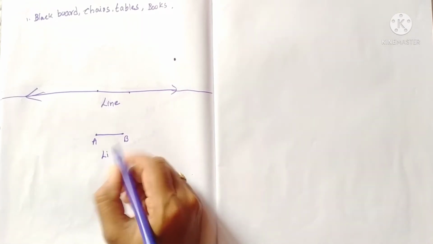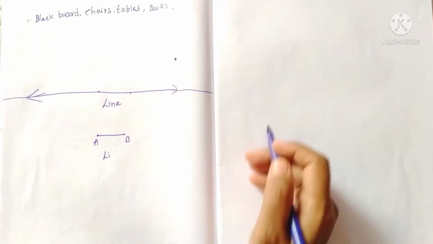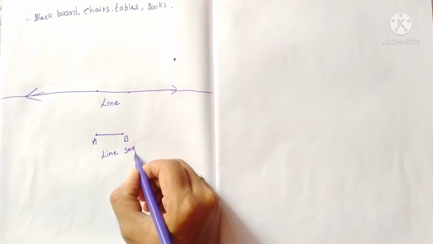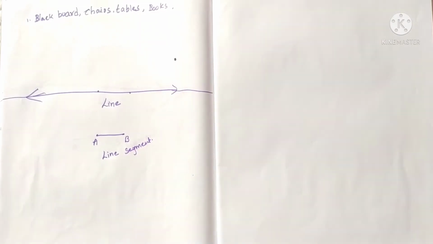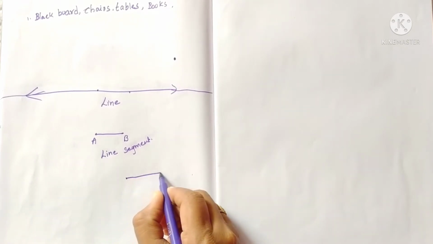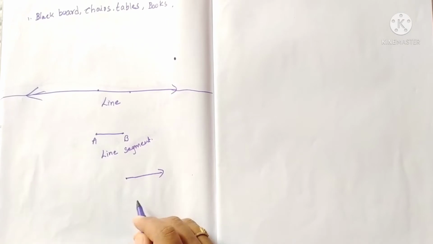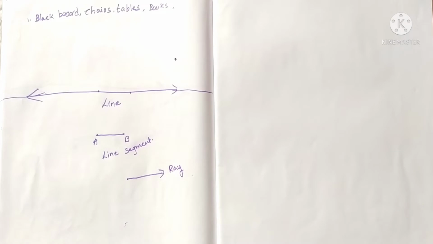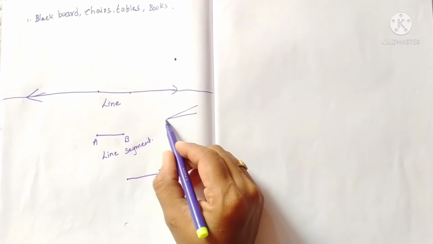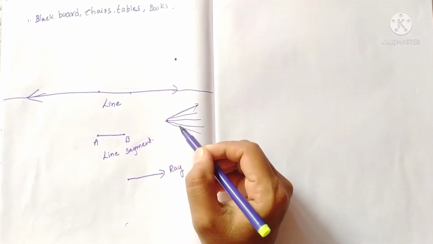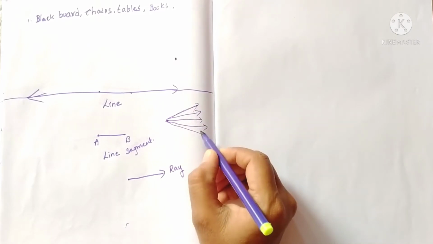So this is called a segment, meaning part, and this is a part of a line, so we call it a line segment. And next, if one endpoint is there and on the other side there is no endpoint, that is called a ray. If we switch on a torchlight, the rays come out like this, right? Starting point is there but there is no end point, so those are called rays.